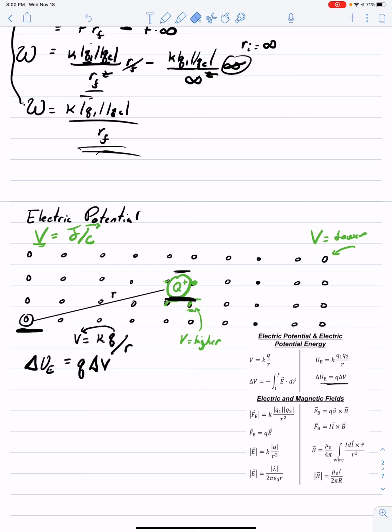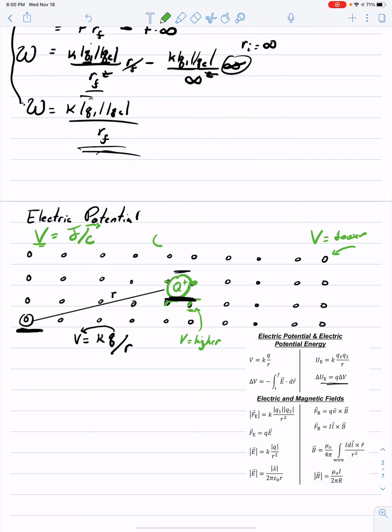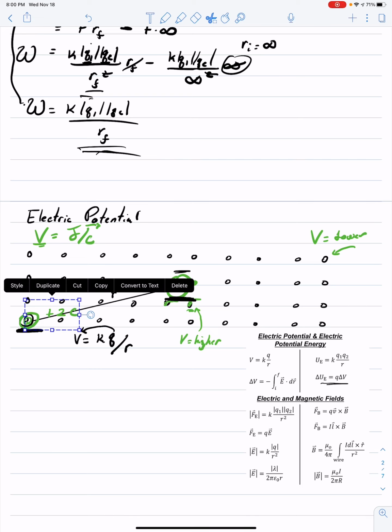But in order to find potential energy, I would have to multiply it by a charge. So if I decide to put in a charge right here, and that charge is plus 2 coulomb, to make it as simple as possible, boom. Then now I can actually solve for the electric potential energy.